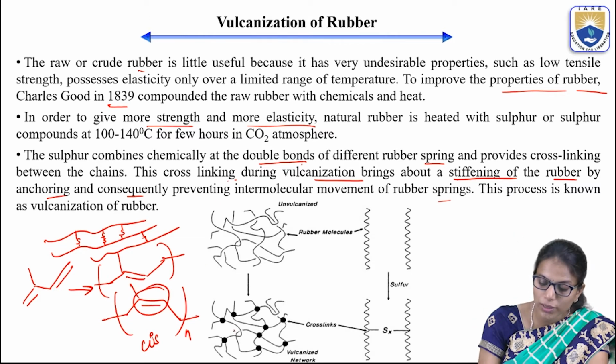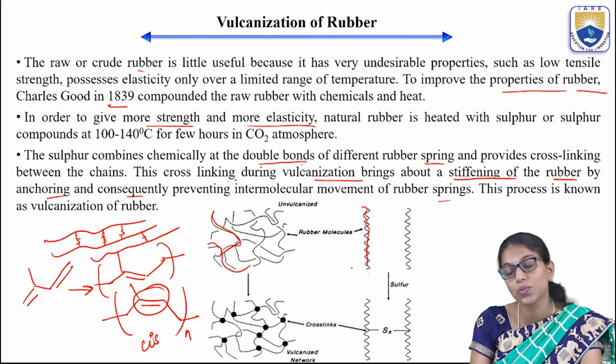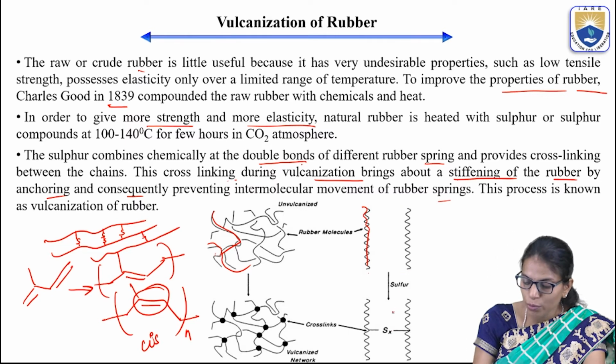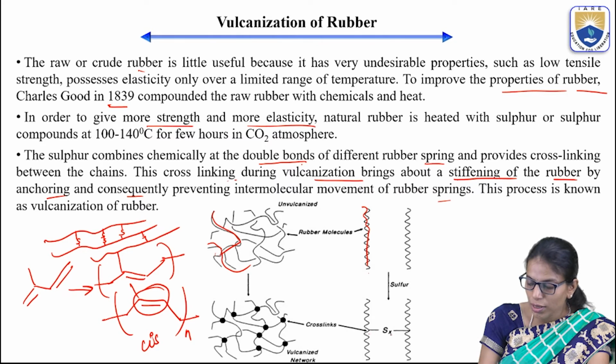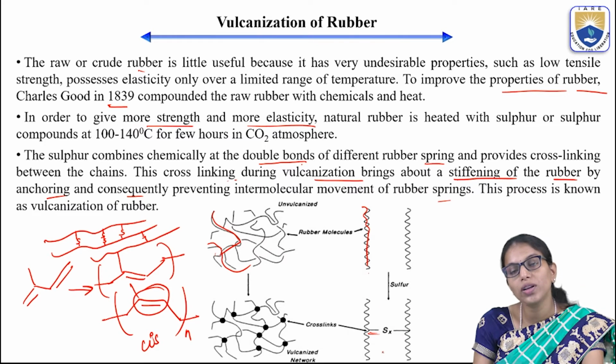If we look at this picture, these are all single layers of natural rubber. For vulcanized rubber, this is one layer of a helical structure of cis-1,4-polyisoprene. This is the second layer. Then in the presence of sulfur, cross-linking bonds form between these two layers of natural rubber.